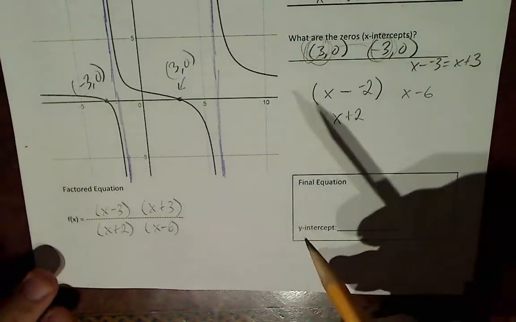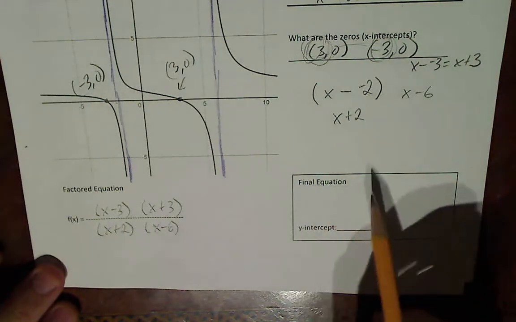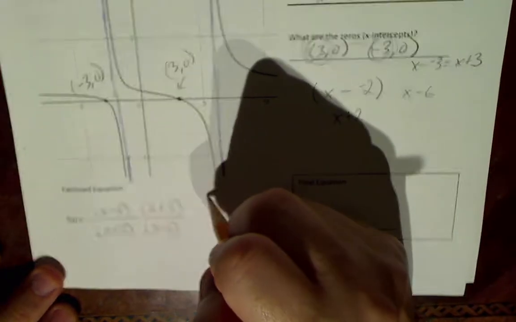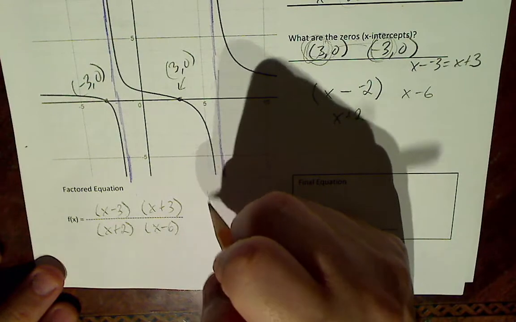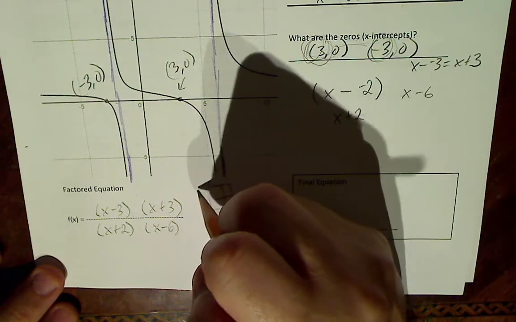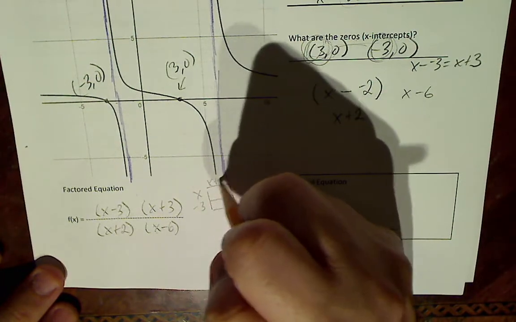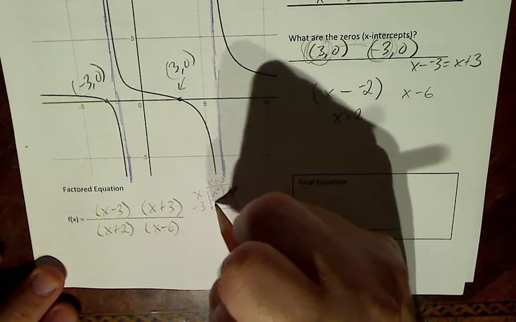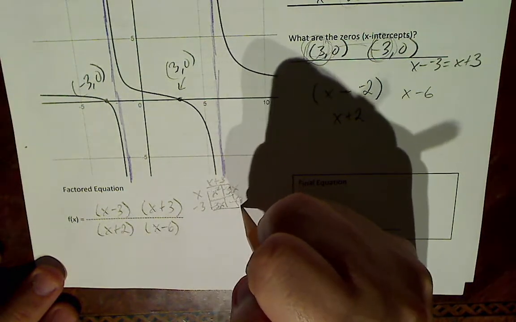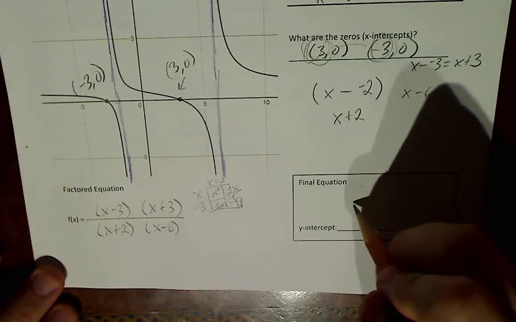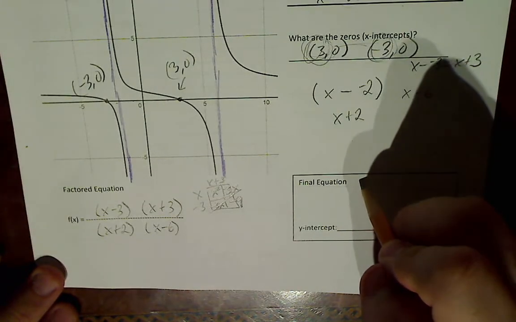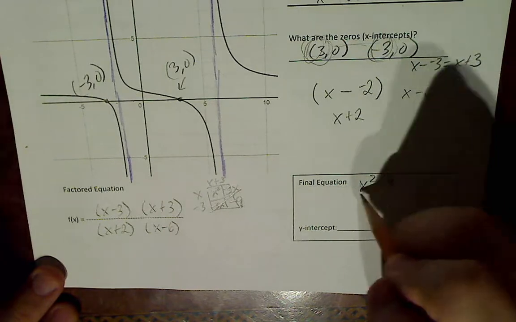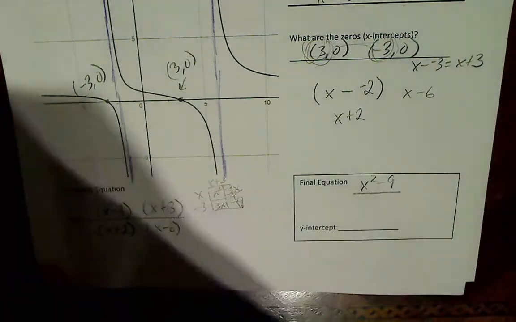Now to multiply this to get my final equation, if you can do FOIL, you can do box, however you want to do it. X minus 3 times x plus 3 becomes x squared, 3x, -3x, minus 9. So your first part becomes x squared minus 9 on top, over.